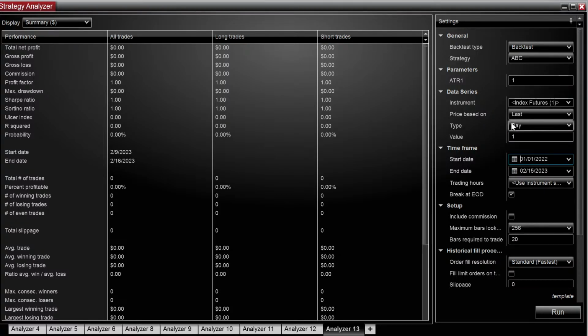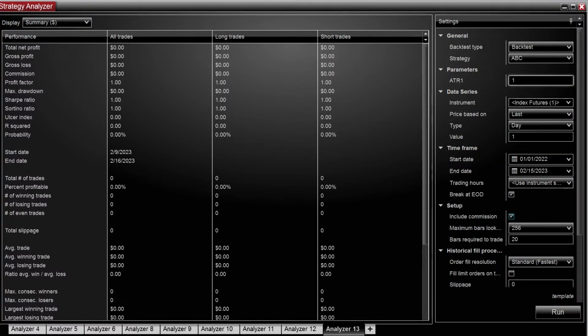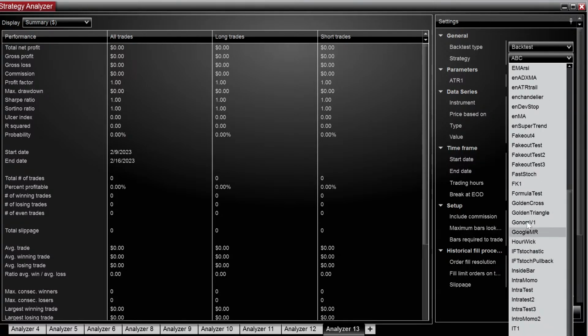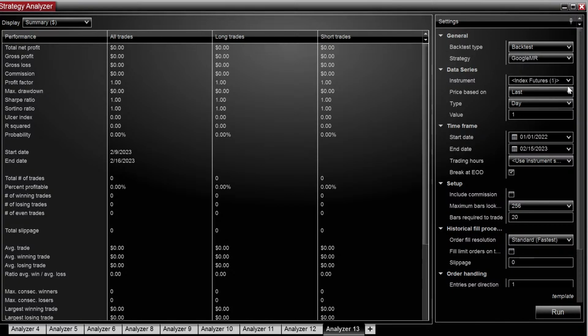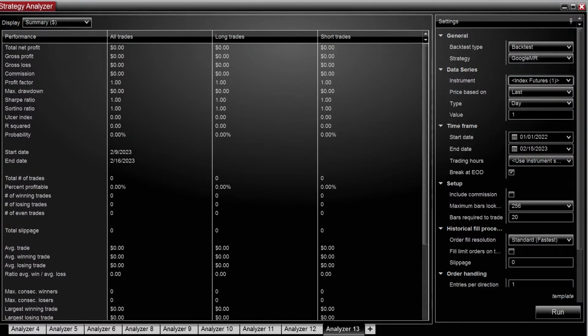So let's do 1 day. We'll do beginning of 2022 to now. I gotta choose a strategy. It's Google MR 1.